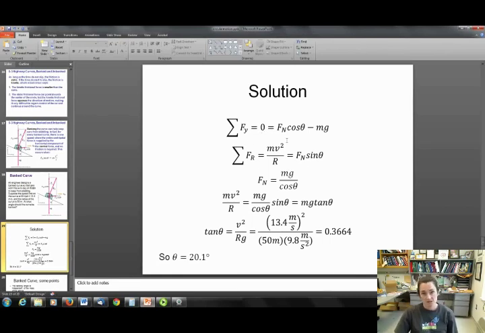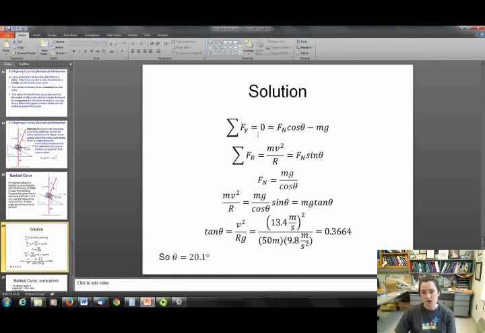Okay, so we're going to assume that's the case, set that y direction equal to 0, and then you have the normal force times the cosine of theta minus mg for gravity as your forces in the y. Gravity points down, and remember you're only taking part of that normal force. Okay, the sum of the forces in the radial direction, that's going to be equal to mv squared over r. And the only supplier in the radial direction is the normal force component, F sub N sine of theta.